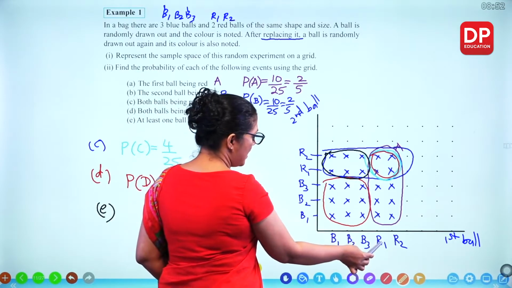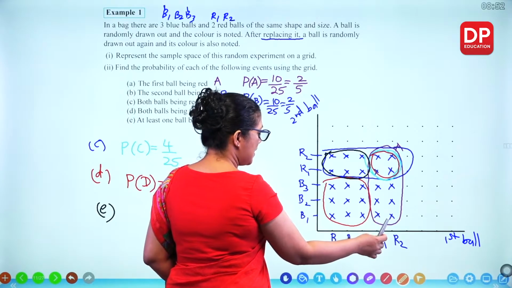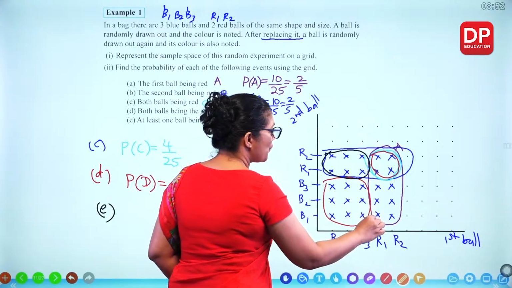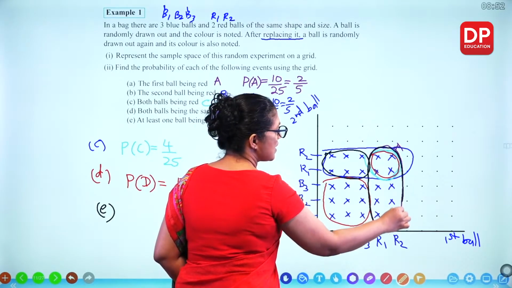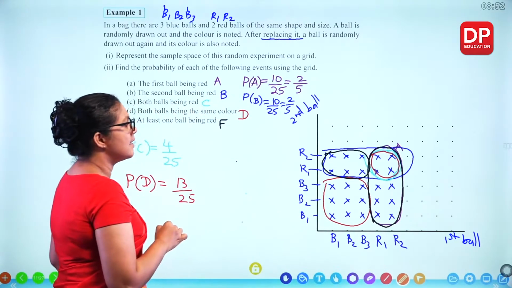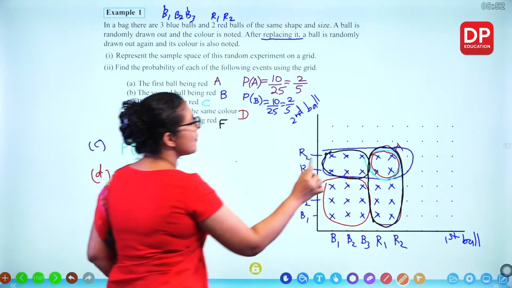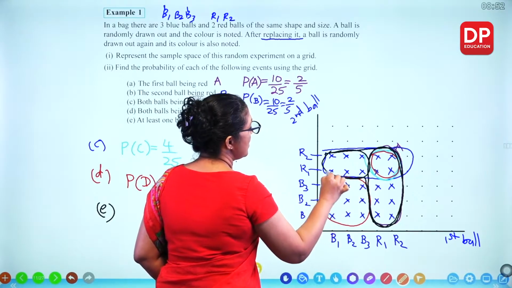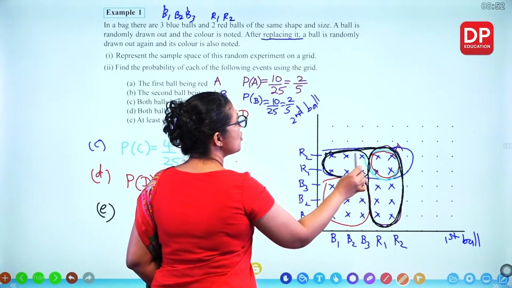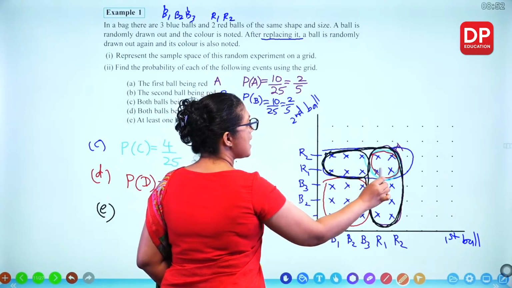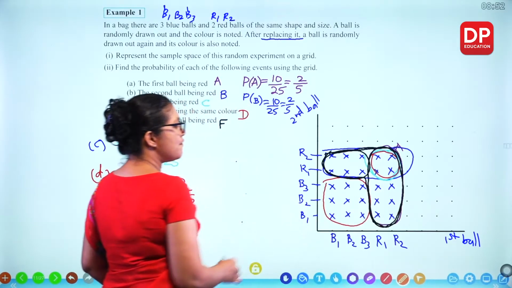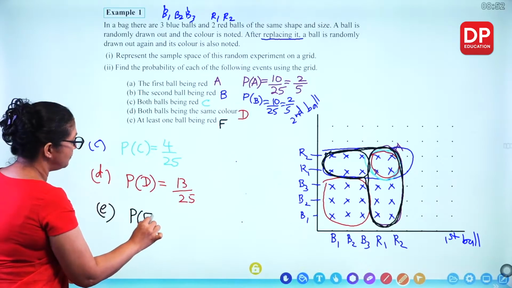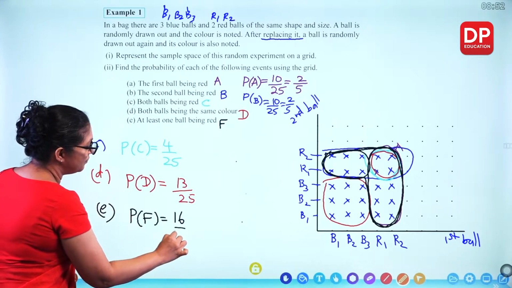And if this is red, at least means you can take one red or both red. So the whole thing comes. So what's the number? This whole thing, this set as well as this set. 1, 2, 3, 4, 5, 6, 7, 8, 9, 10, 11, 12, 13, 14, 15, 16. 16 over 25.